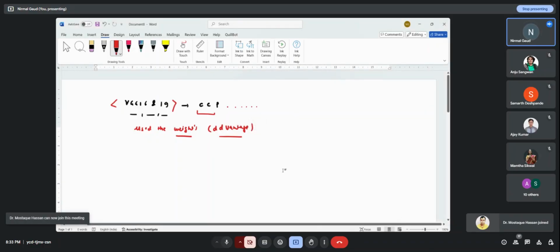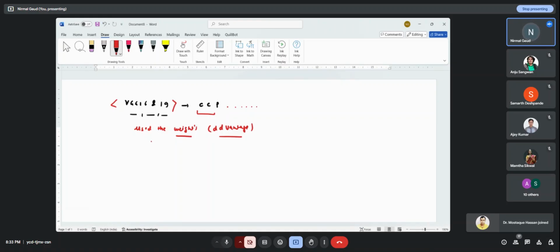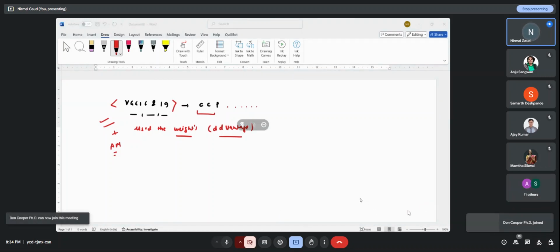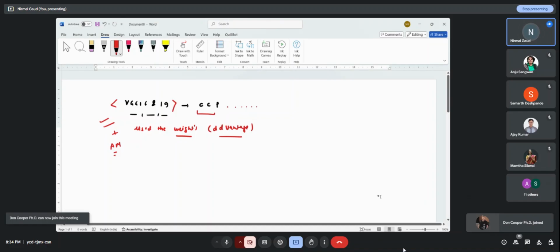You have learned these architectures from me, and some changes we incorporated in these architectures, that is the attention mechanism, and the performance boost which was expected, we have seen that the results are better.